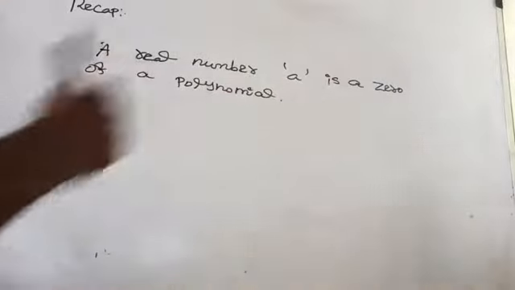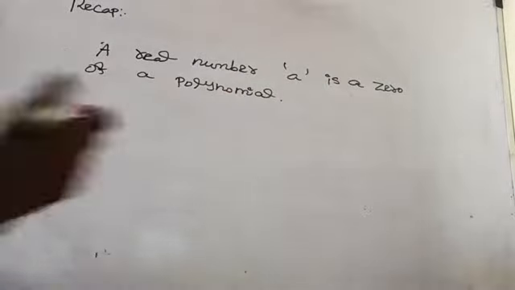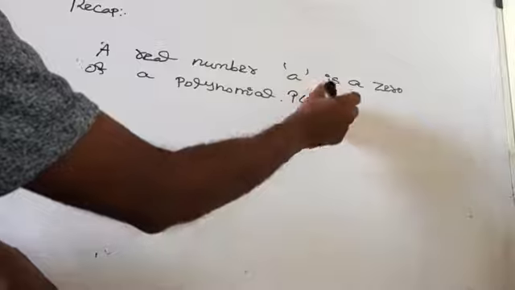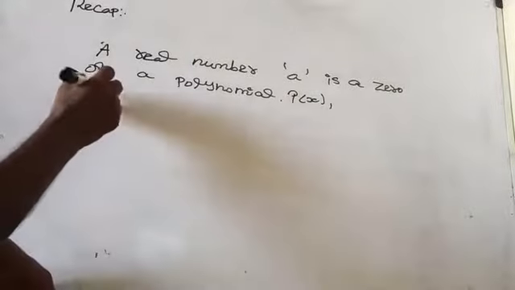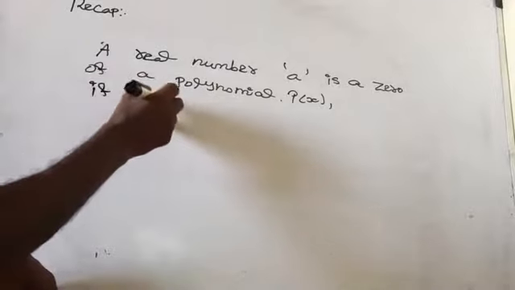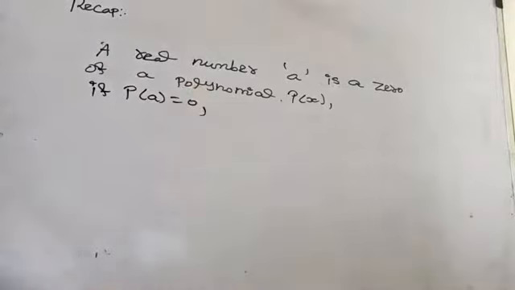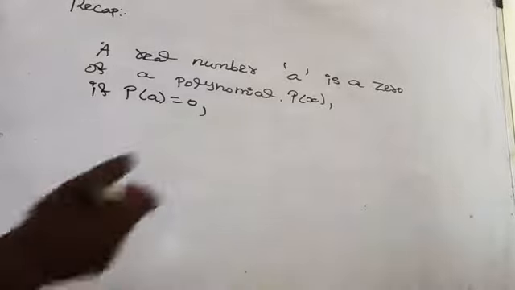If a is a zero of a polynomial P of x, then we can conclude that if P of a is equal to 0, then a is a zero of the polynomial, otherwise a root of the polynomial. Am I right here? If P of a equal to 0, where a is the zero or root of the equation P of x is equal to 0.